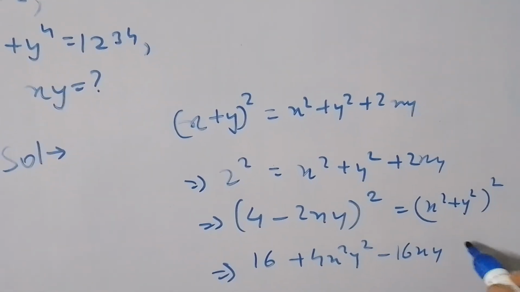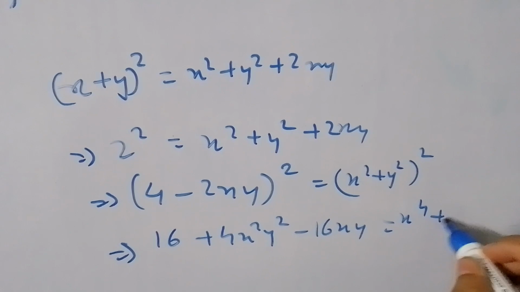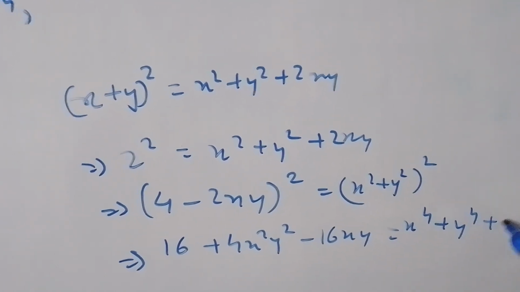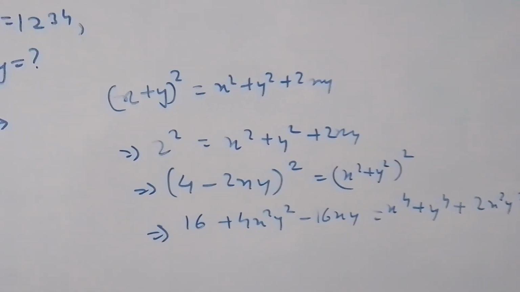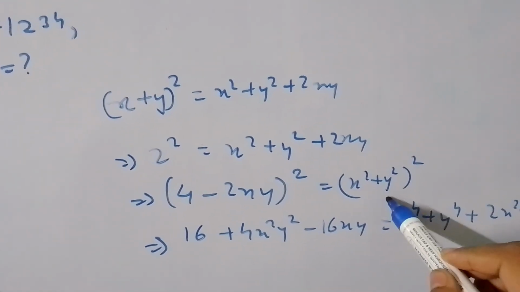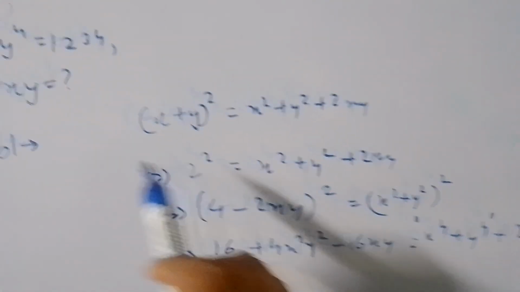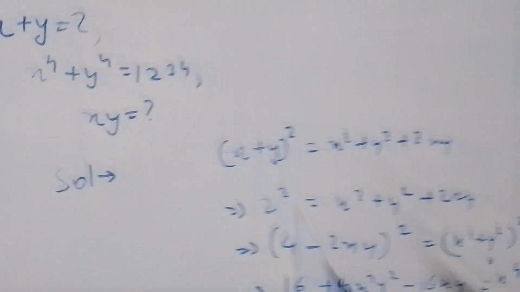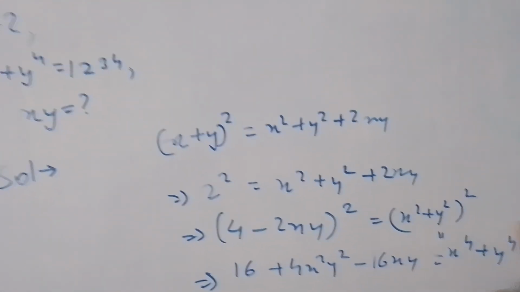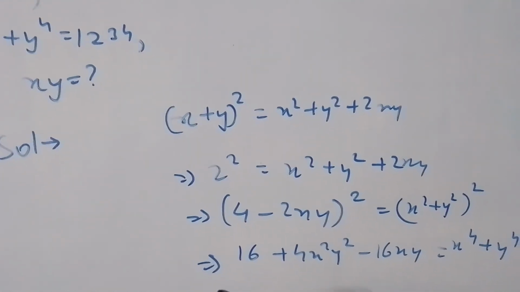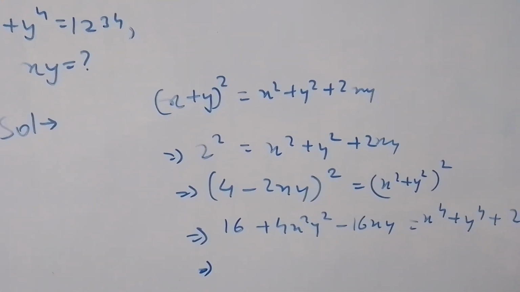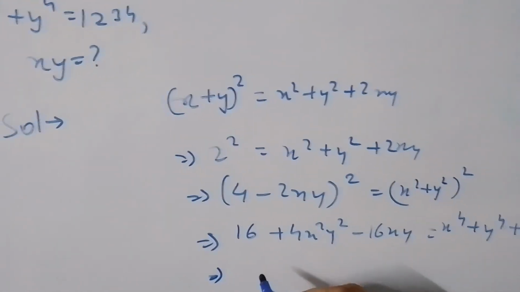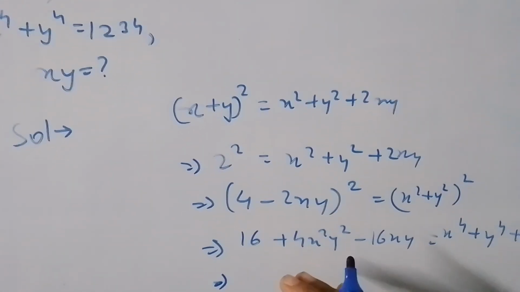Now in the RHS, we would get x to the power 4 plus y to the power 4 plus 2x square y square. Now this term, the value, is given in the question, and this and this can be subtracted if I put this on the left side.